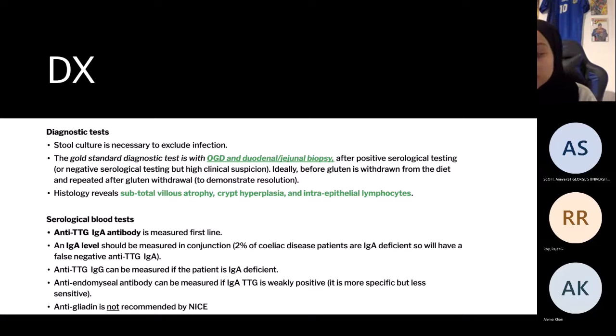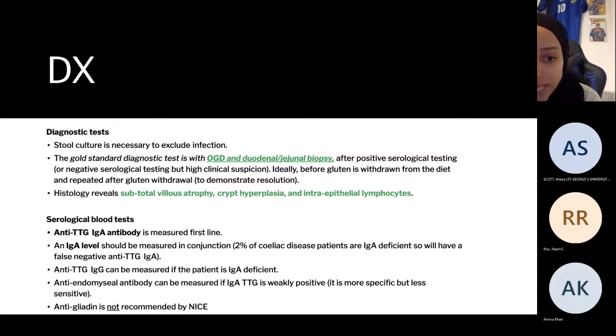And you would usually tell the parents to not withdraw gluten from the diet, which I know might appear a bit evil, but if you take the gluten out of the diet, then you won't be able to see the histological results. So you won't be able to see the atrophy, the crypt hyperplasia, or the intraepithelial lymphocytes. You won't be able to see any of those present, and you won't be able to diagnose the patient.